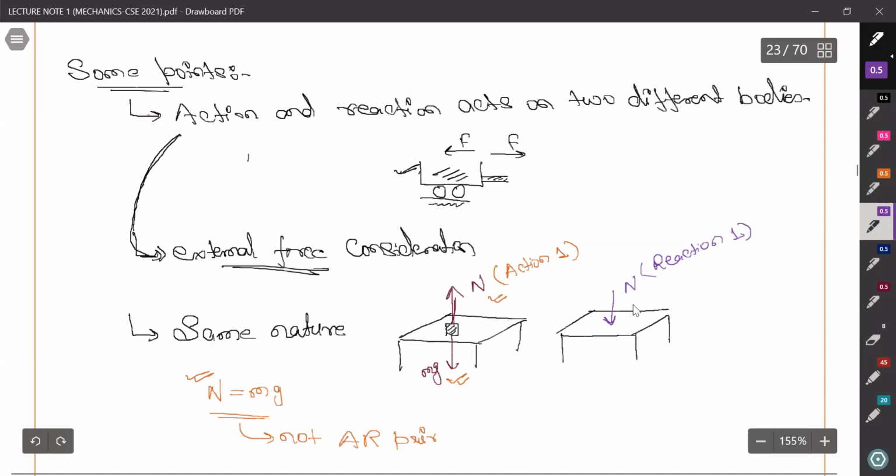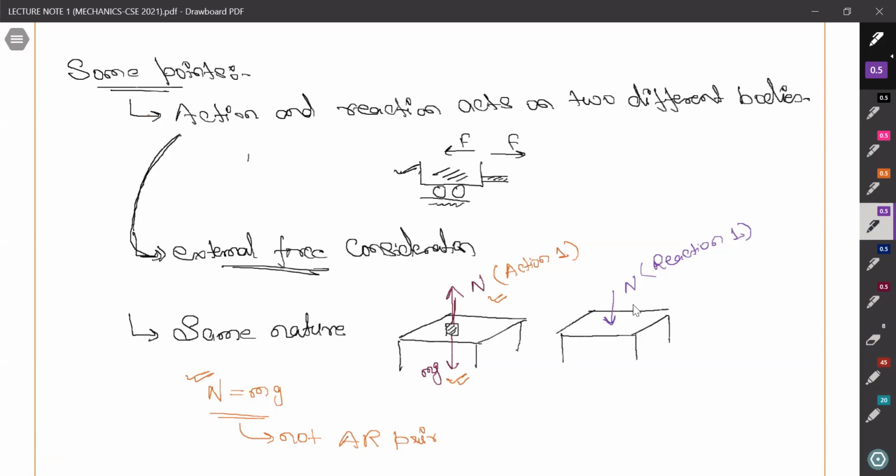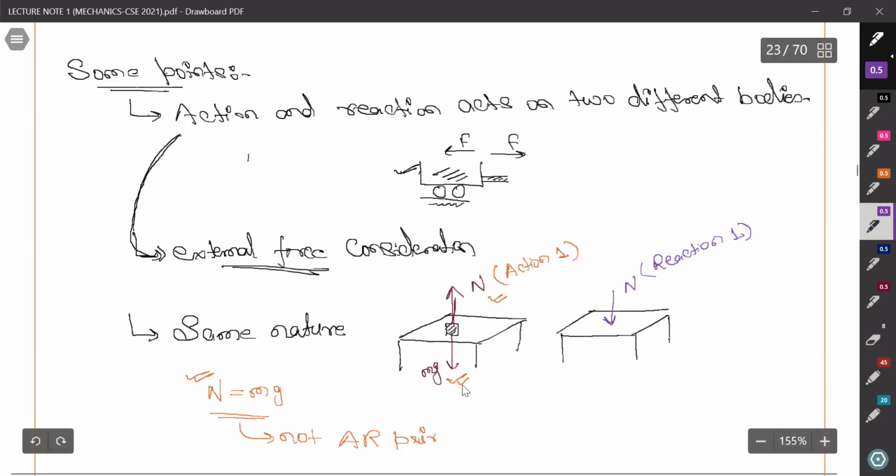So there will be only two members involved in an action reaction pair. One more thing, if we consider mg as action number two, where is its reaction? This force is applied by the earth on the block, so the block will also apply a force of the same magnitude but opposite direction, that is mg, on the earth.